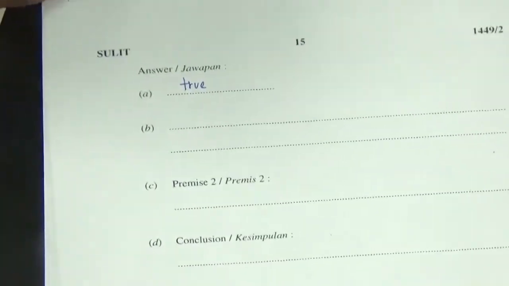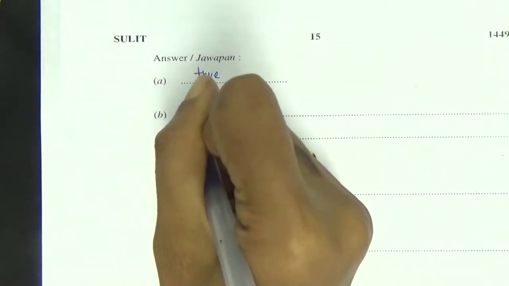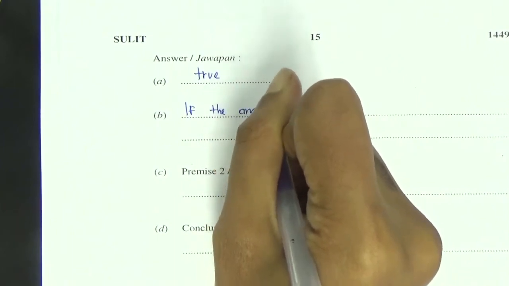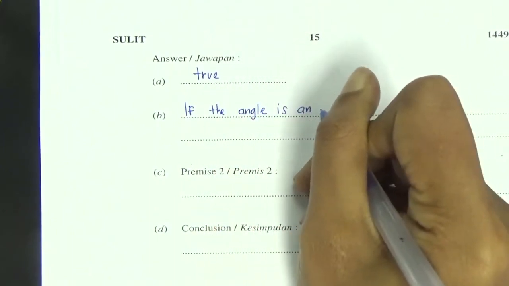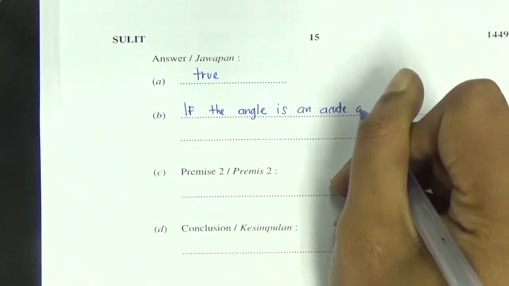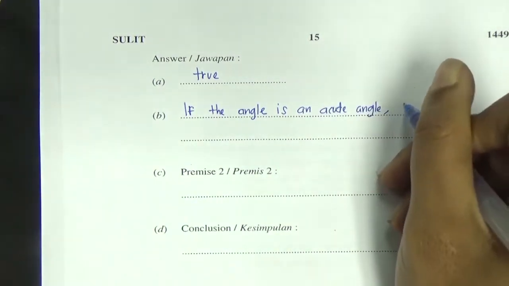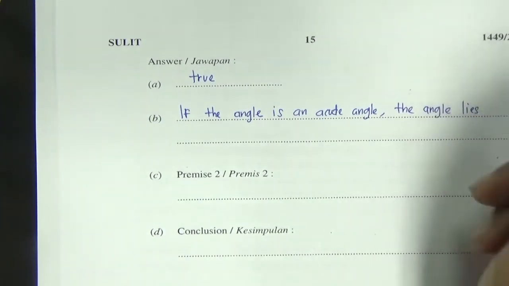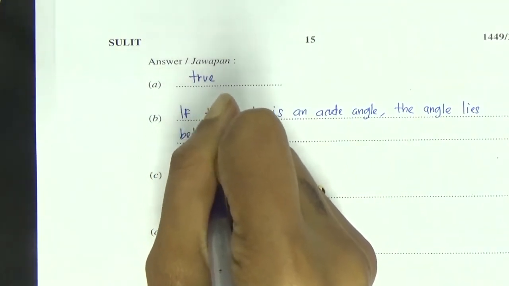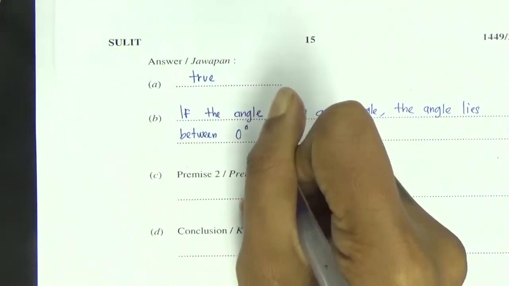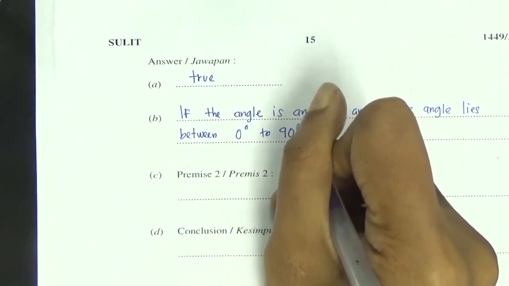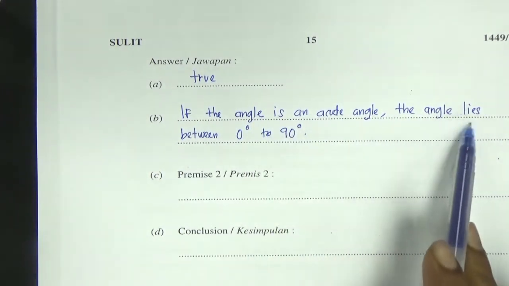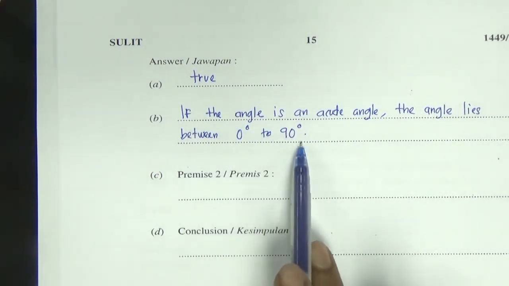So the answer is: if the angle is an acute angle, the angle lies between 0 degree to 90 degree.